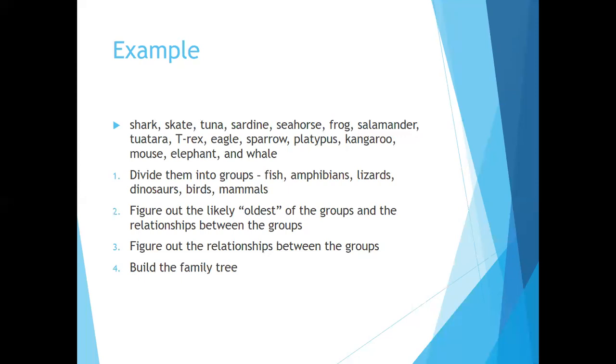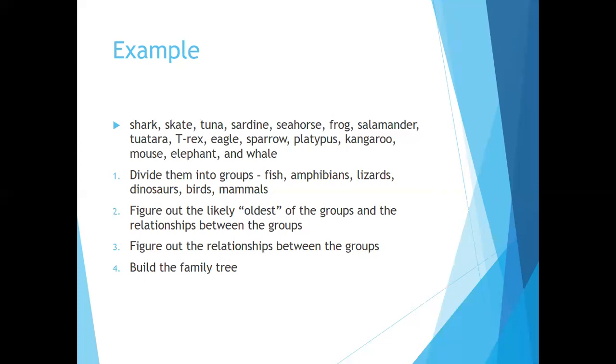You're going to have to do one mixed group and one type of single group and likely one other one of your choice to create your different phylogenies. What I would suggest doing when you receive a mixed group like this is to first divide them up into their groups. Divide up the fish, amphibians, lizards, dinosaurs, birds, and mammals.